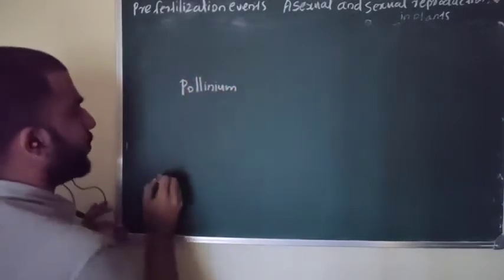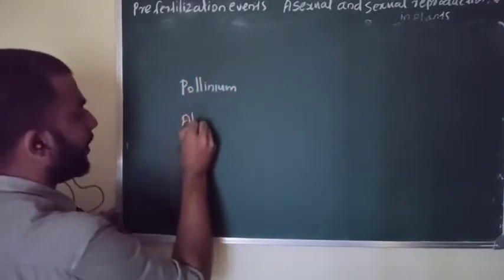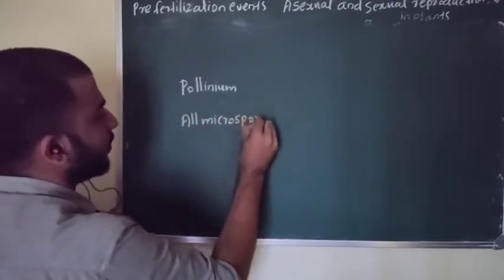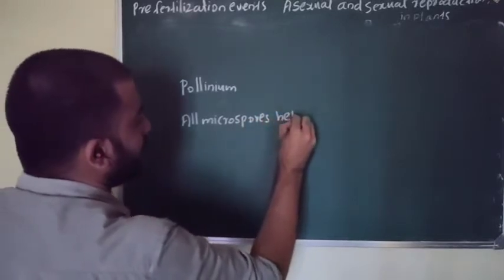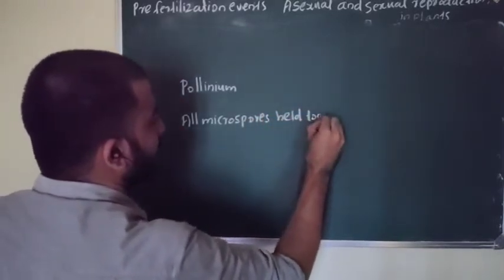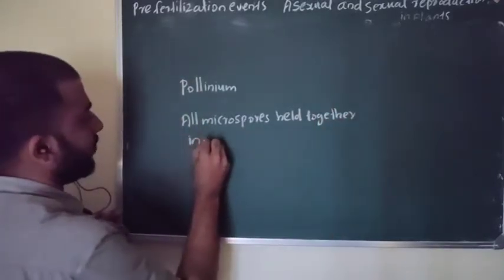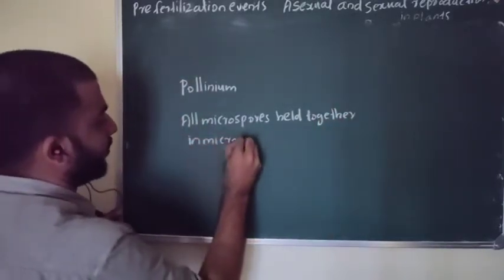So what is pollinia? All the microspores held together in the microsporangium of the anther.